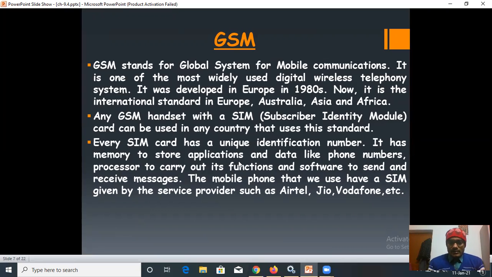SIM card has not only a unique identification number, it has memory also, so that your mobile numbers can be stored. Okay, it has a processor to carry out its functions and software to send and receive messages. Means it has some type of memory so that it can receive messages, it can send messages. It has a processor, and it can store mobile numbers. The mobile phones that we use have a SIM given by a service provider such as Airtel, Jio, Vodafone, etc.